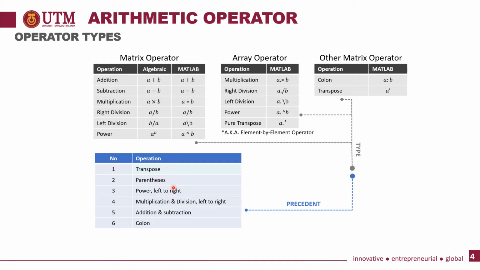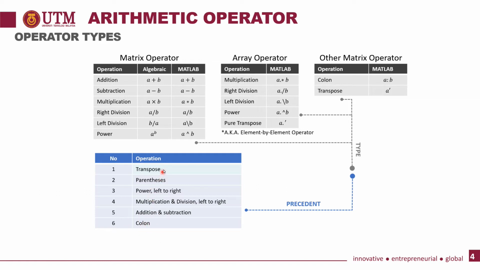When you see combined operators inside an expression, the first one you need to execute is the transpose. The second one is the parenthesis, which is like a bracket. The third operation you need to execute is the power, from left to right. Then the multiplication and division, then addition and subtraction, and finally the colon.